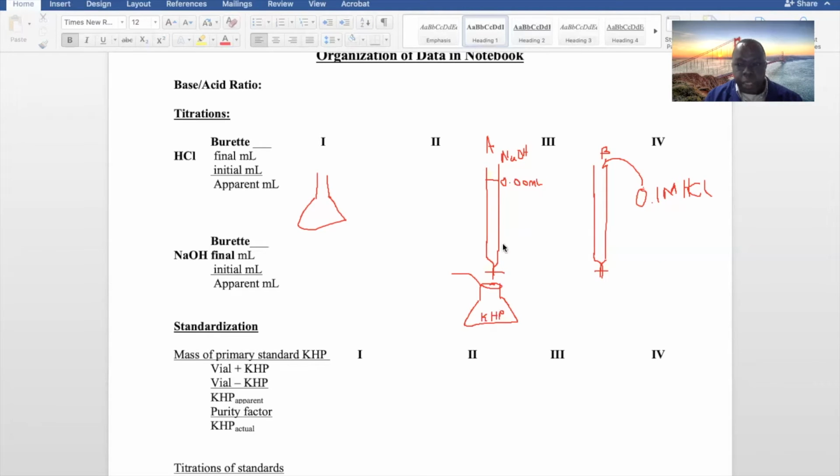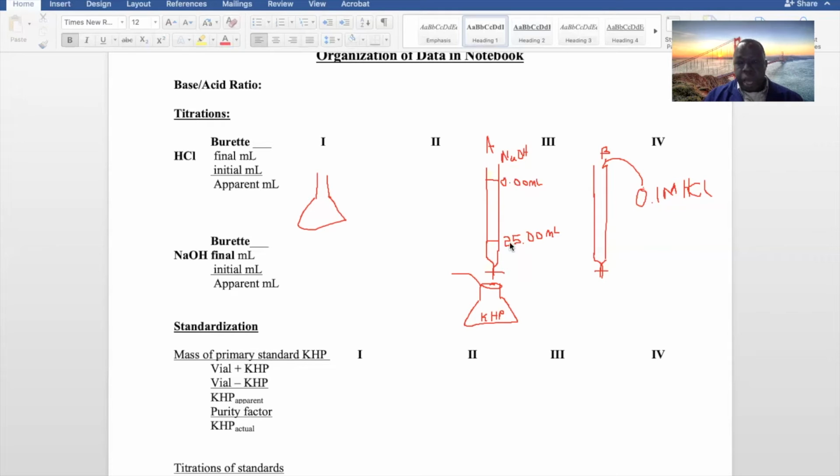We over titrate, or you are supposed to over titrate this sample. Let's say you over titrate and you have 25.000 mL, and the color is intense pink. We know it is over titrated.